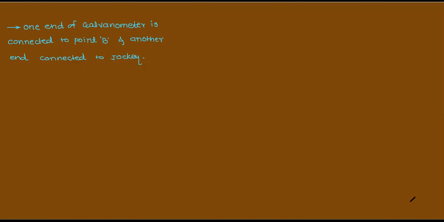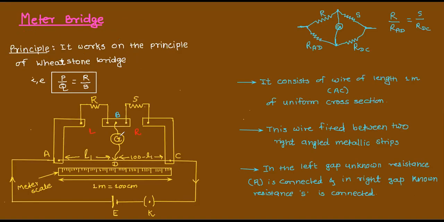So let's go back. See here. Can you see this galvanometer? Yes, this is a galvanometer. And one end is connected to point B, the other end is connected to the jockey. This arrow means jockey here. This is a jockey. And D is the balancing point. D is what?